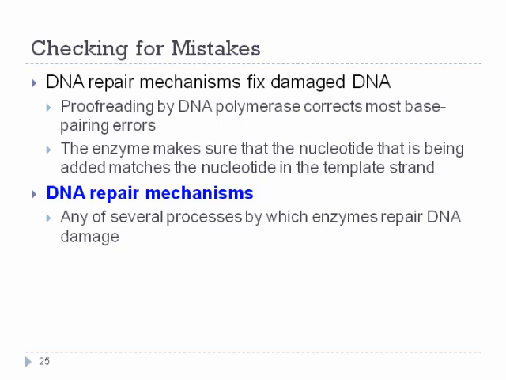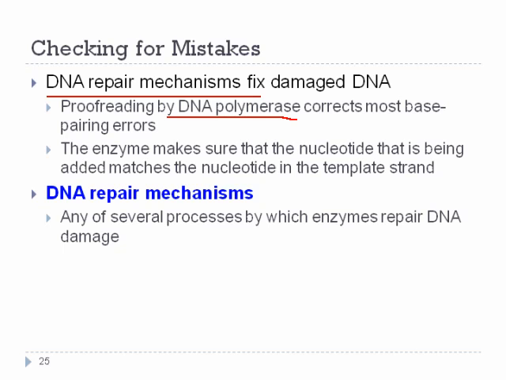Now, sometimes mistakes happen. The incorrect nucleotide gets put in. So there are some DNA repair mechanisms that help fix DNA that's been made incorrectly. The DNA polymerase enzyme itself has a proofreading function. It can figure out if it doesn't match up correctly.